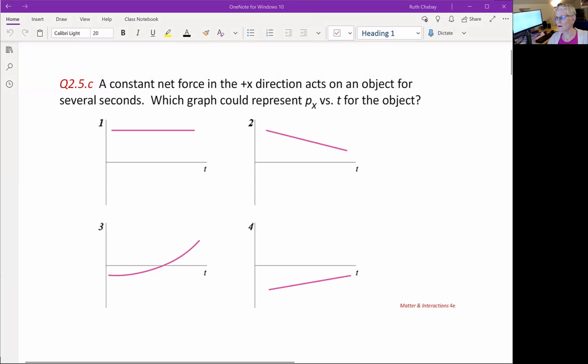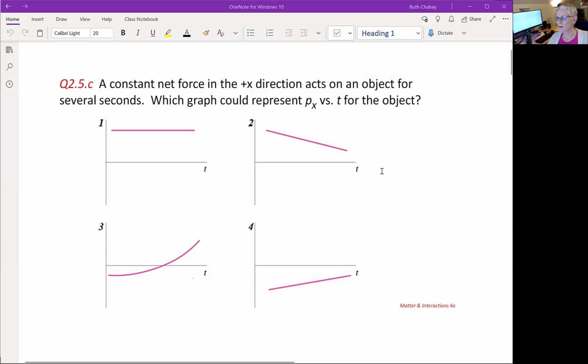And the question is, which of these graphs, 1, 2, 3, or 4, could represent the x component of momentum of this object versus time? An object with a constant net force acting on it in the plus x direction. So you should see a poll. Think about the momentum principle while you're thinking about this.